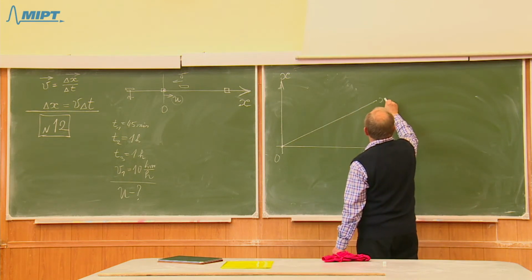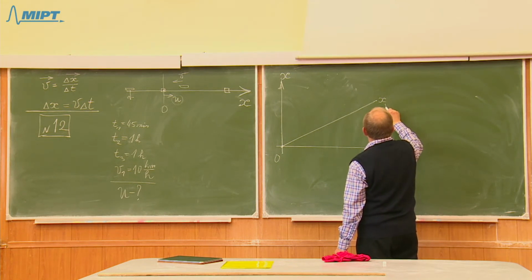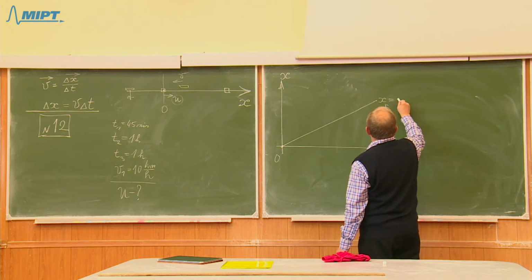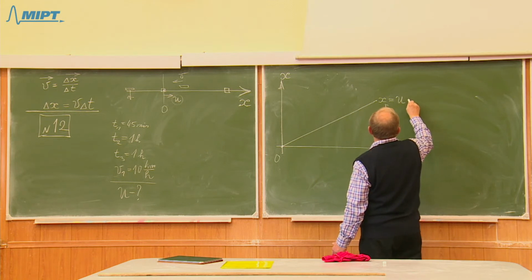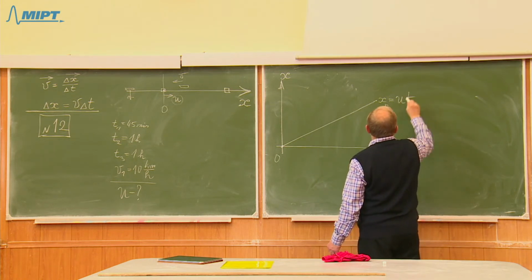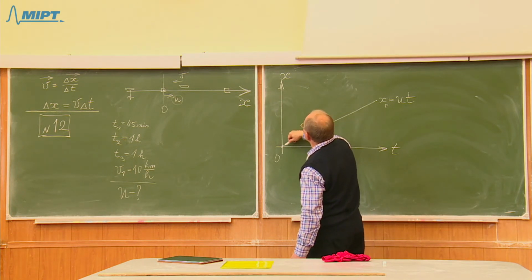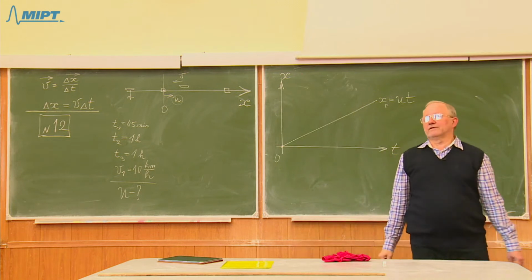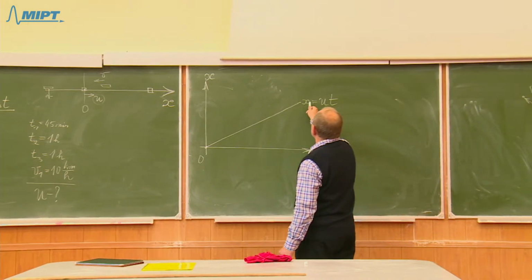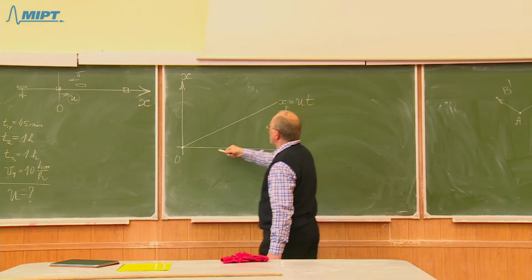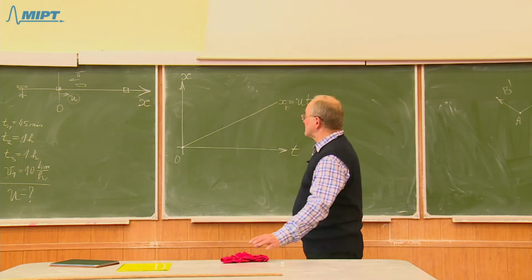So the position of the raft, x, the coordinate of the raft, will be given as the velocity of the raft, which is the speed of the river flow, multiplied by time. The larger the time, the larger will be the displacement in the positive direction of axis x. So this is the function x as a function of time, showing the position of the raft. How does it change with time?